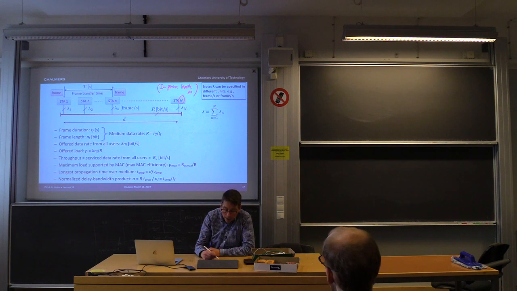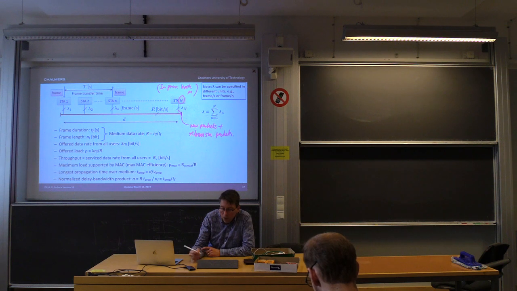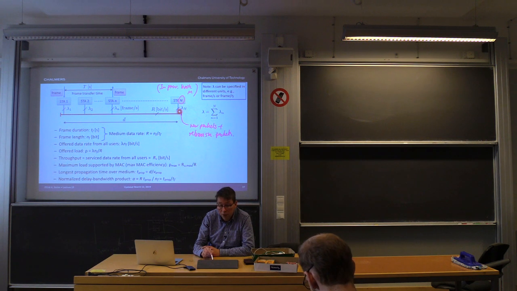What goes down here is new packets plus retransmission packets. So whatever goes down here is not always new packets. It could also be retransmission packets and so forth. But anyways, all of these packets need to be shared over this channel.